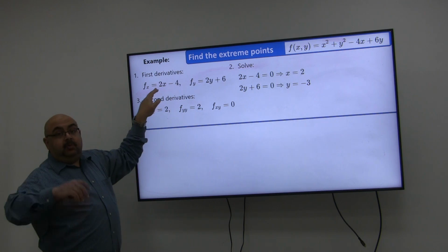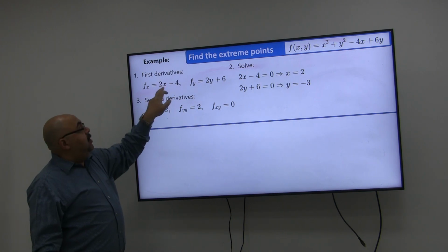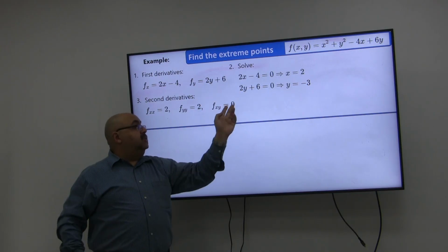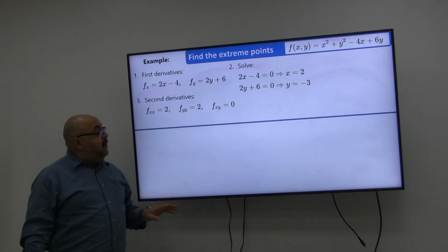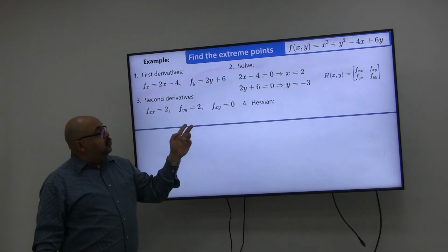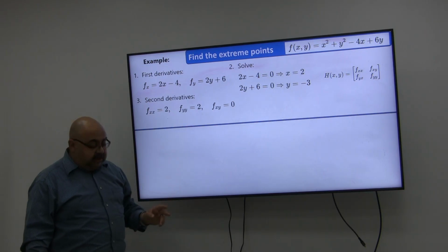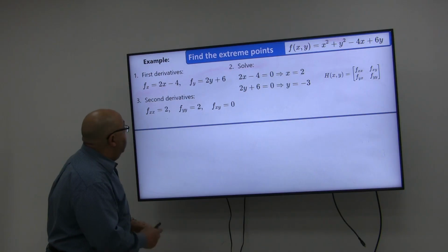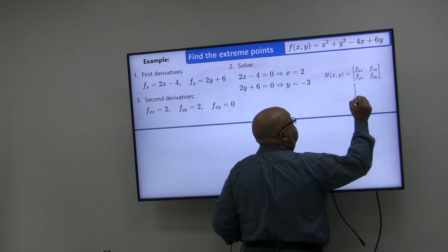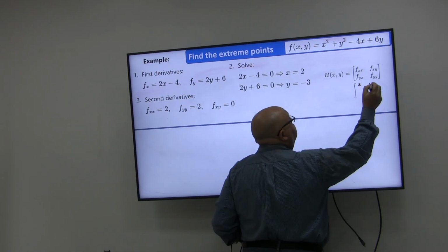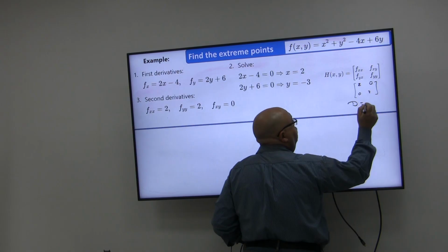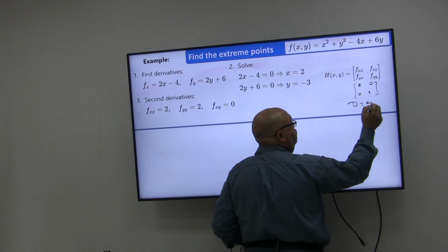Differentiating x with respect to y is going to equal 0, or differentiating y with respect to x is also going to equal 0. The Hessian matrix in this case is going to be 2, 0, 0, and 2, with 2 and 2 on the main diagonal. So the determinant of the Hessian matrix is equal to 4.